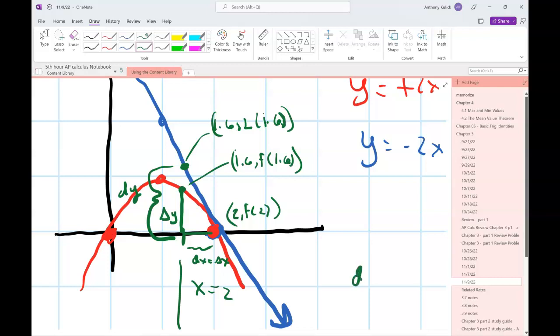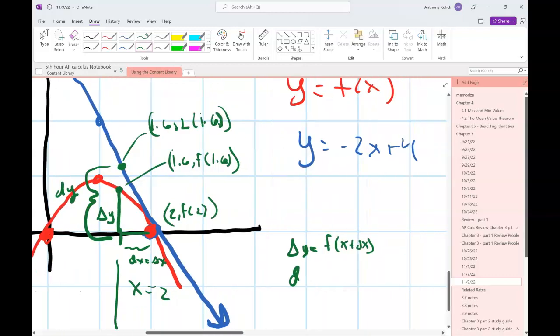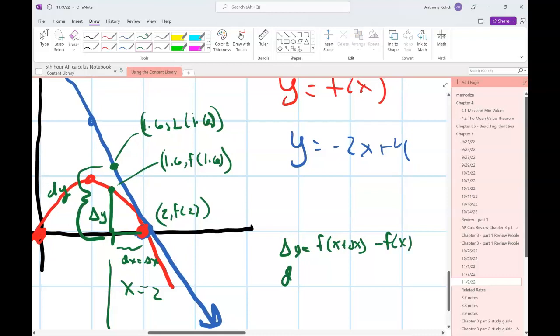Delta y is like f of x plus delta x minus f of x. Dy is like L of x plus delta x minus f of x. That's kind of what I'm doing there when I'm building out that picture.